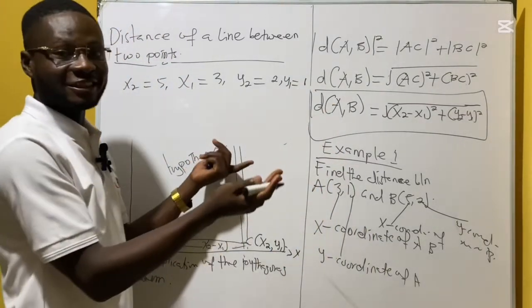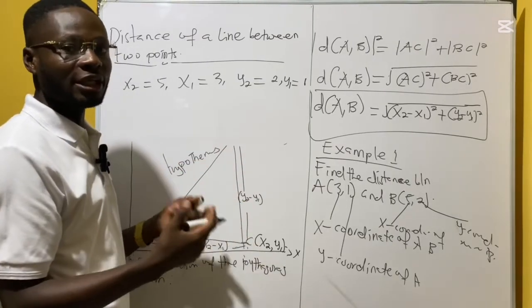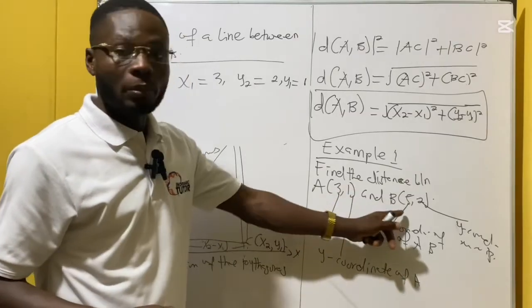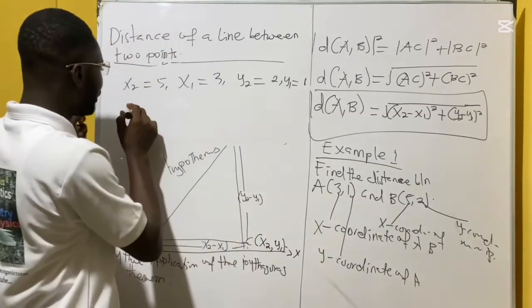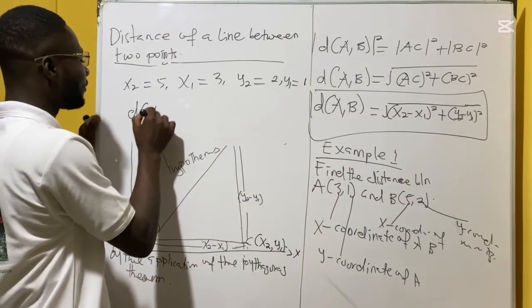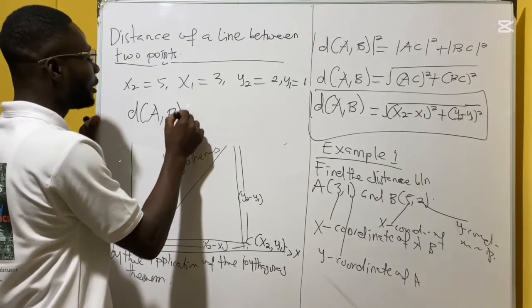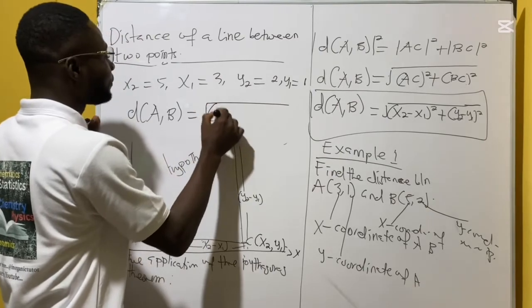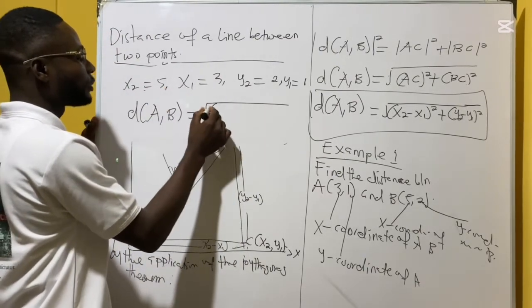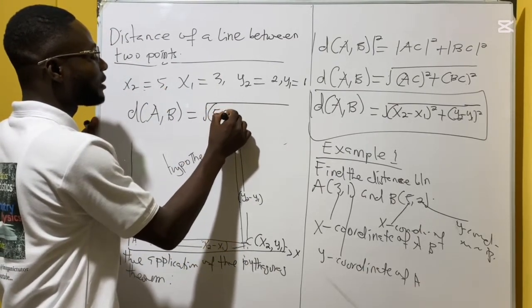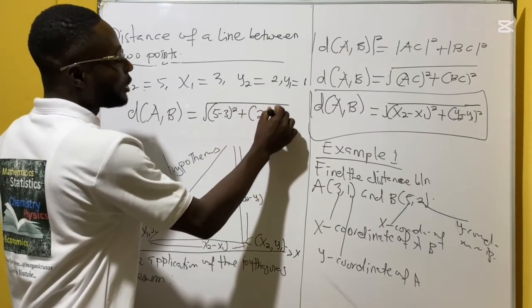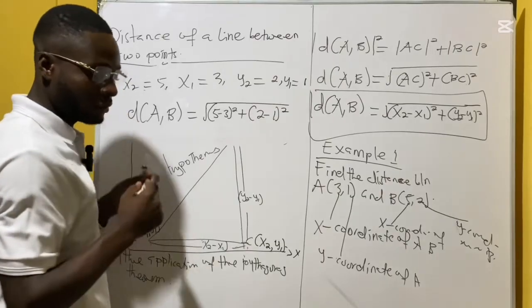So that is the basic thing we need to find the distance between these 2 points, right? So here we know that distance of line AB will be equal to square root of x2 minus x1, so that's going to be 5 minus 3 all squared plus 2 minus 1 all squared, right?